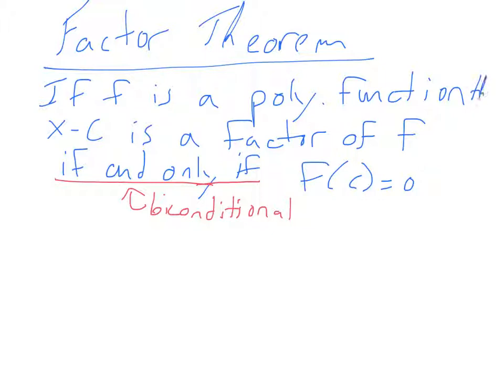Then x minus c is a factor of f if and only if f of c is equal to 0. So we have an if-then statement. If f is a polynomial function, then x minus c is a factor of f if and only if f of c is equal to 0.